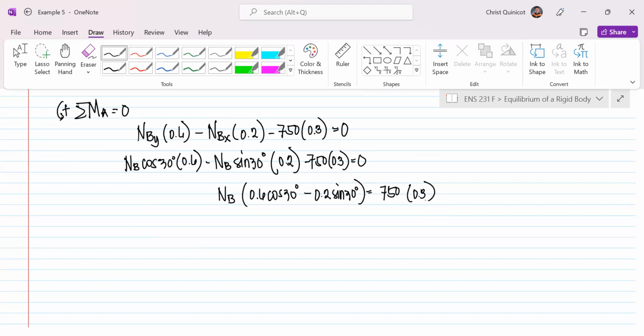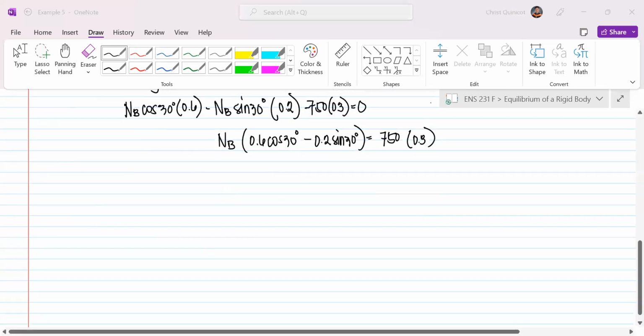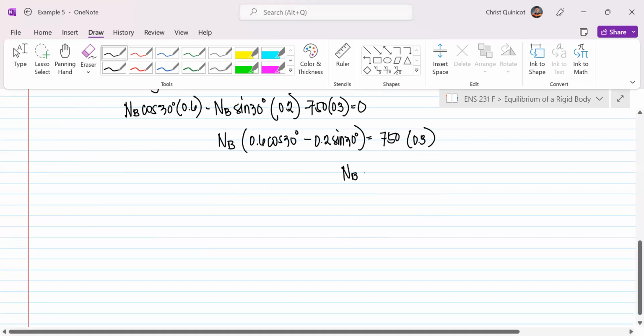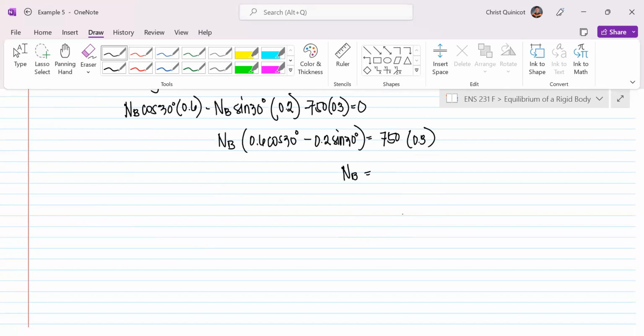Then we divide both sides by the value in the parenthesis so that we can find N sub B. I will do the denominator first because it's quite long.